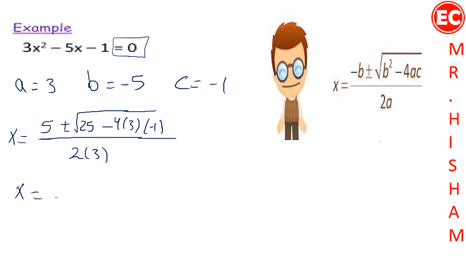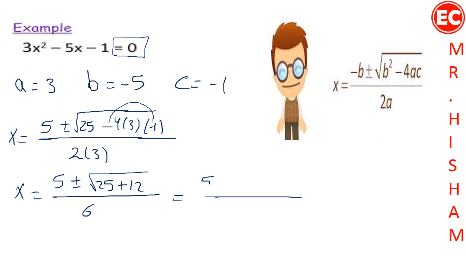So x is equal to 5 plus or minus the root of 25 plus 12, and why is it positive? Because negative by negative is positive, divided by 6. So it's 5 plus or minus the root of 37 divided by 6.